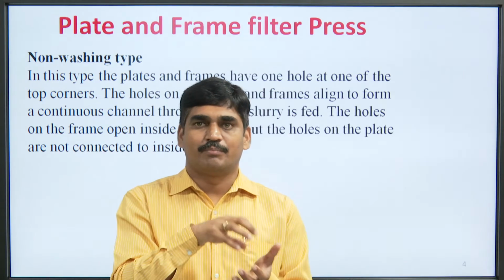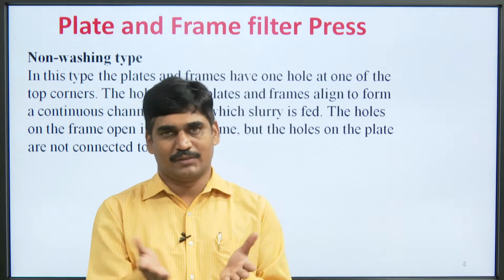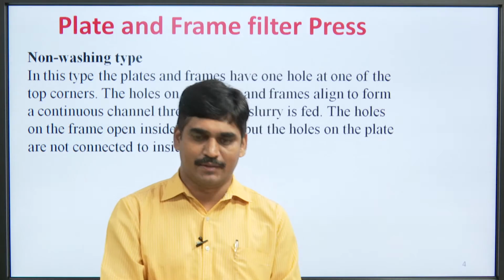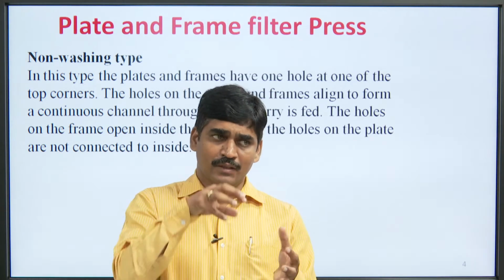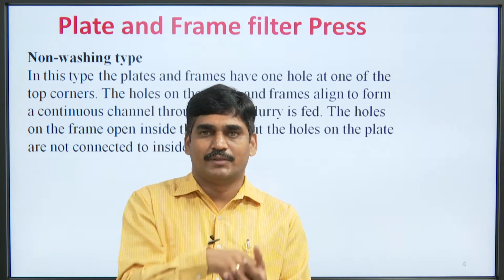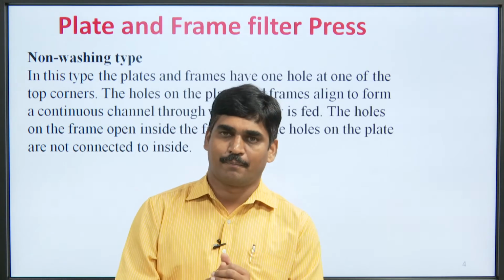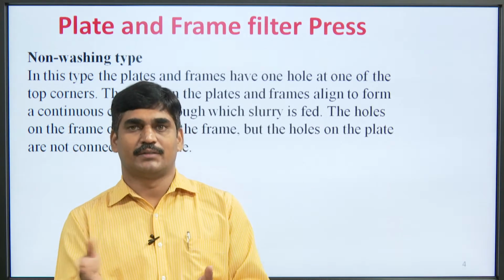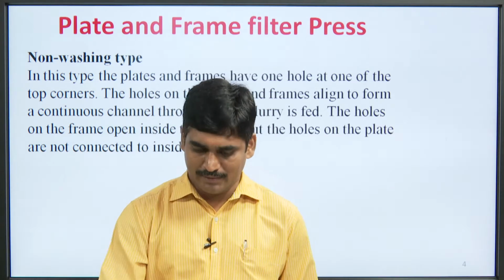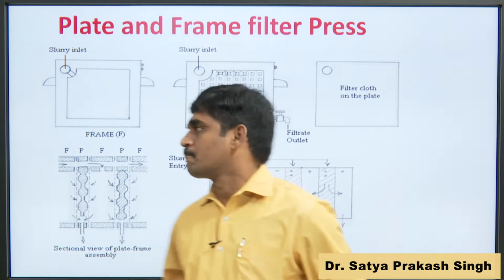The holes in the plates and frames are aligned to form a continuous channel, as I have explained earlier, through which the slurry is fed. The holes present on the frame open inside the frame, but the holes on the plate are not connected to the inside. We will see the diagram in the next slide, then it will be much clearer.